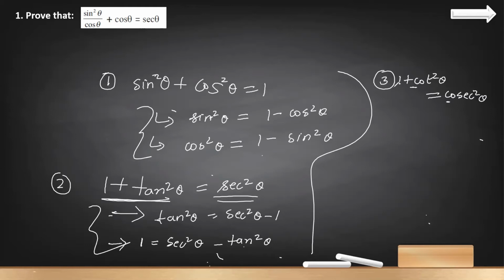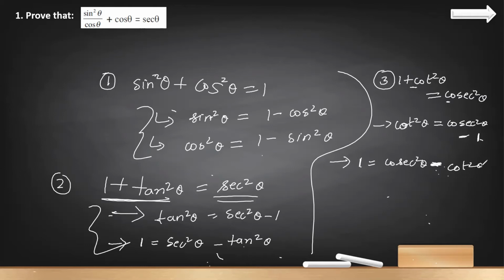So obviously the sub-identity is cot square theta equal to cosec square theta minus 1. And you can also write that 1 will be equal to cosec square theta minus cot square theta. So these are your main identities and the sub-identities.